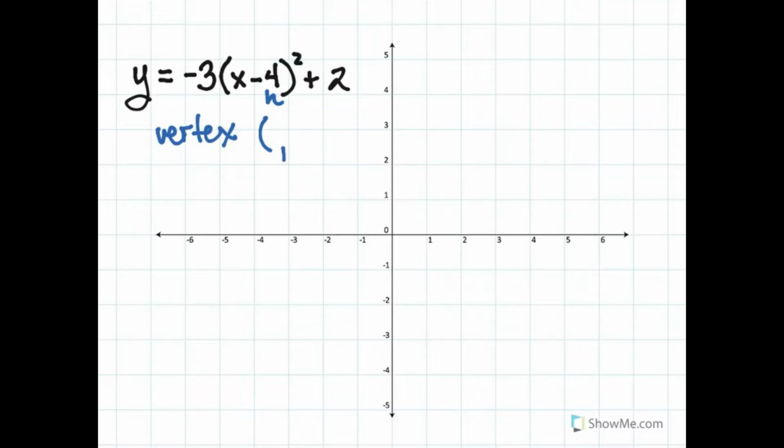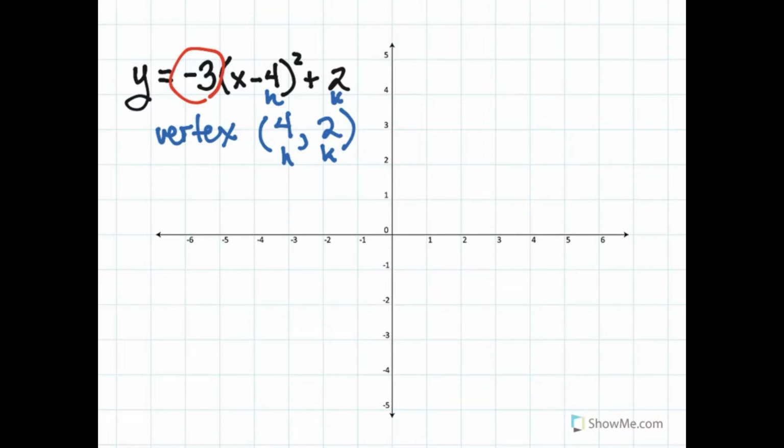So here the x-coordinate of the vertex is positive 4, since there's a negative 4 in parentheses, and the y-coordinate of the vertex is just given by the constant outside. So I have the vertex, and then I use the multiplier to find the width of the parabola and whether it faces up or down.